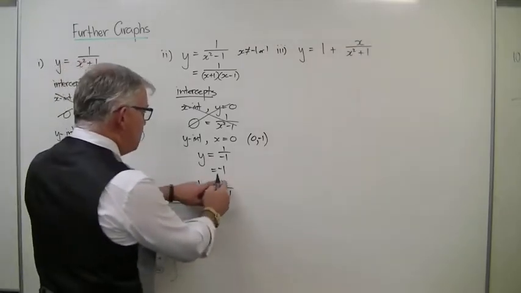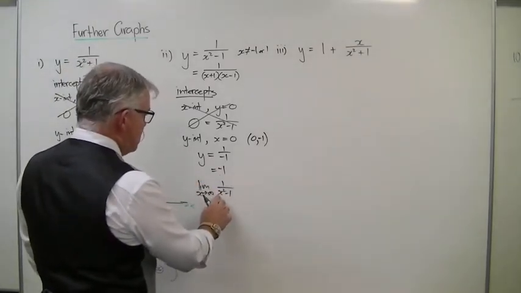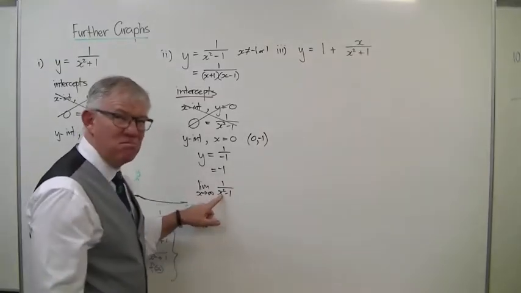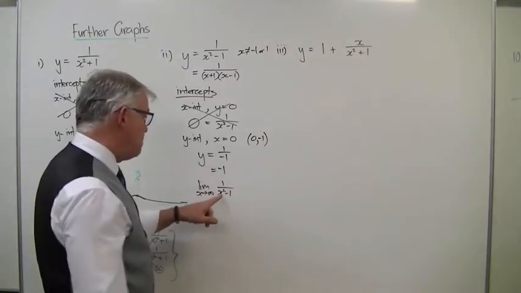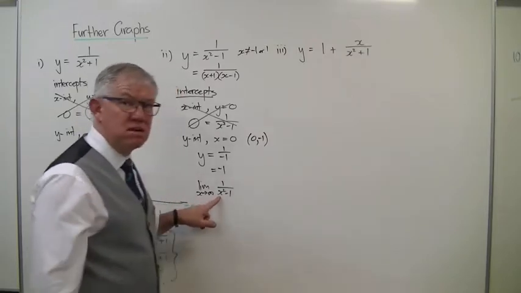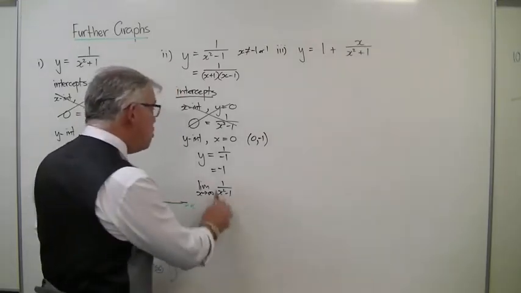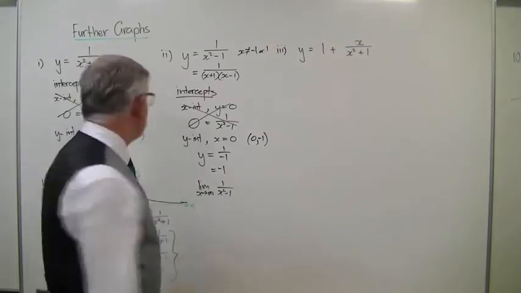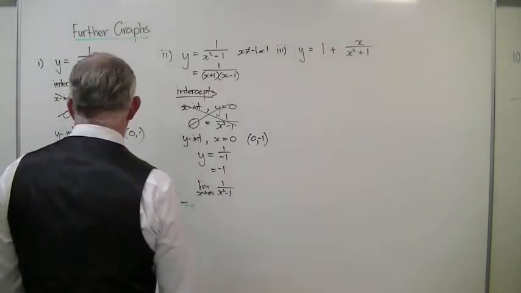So what we're going to have is a very large number squared, minus 1, which is going to make this overall expression approach 0 as its value.